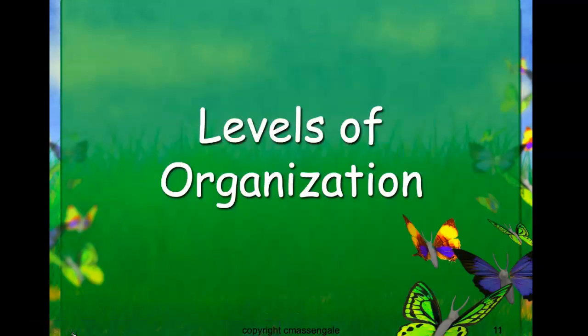Now, in ecology, we have levels of organization. Actually, in all science, we have levels of organization. And so you may be familiar with this when we spoke about the cell being the smallest form of a living, the smallest part of a living thing. And there are some organisms that are one cell or unicellular.